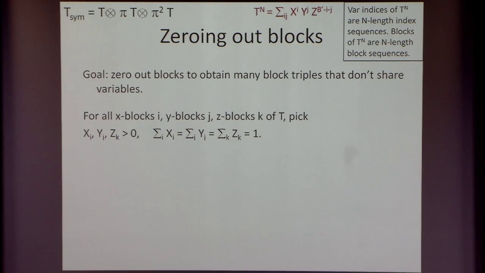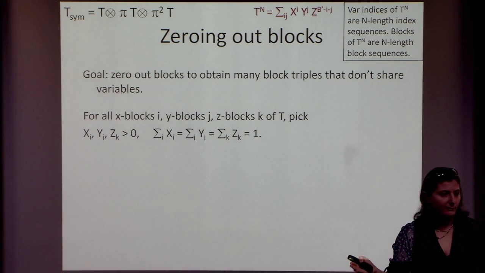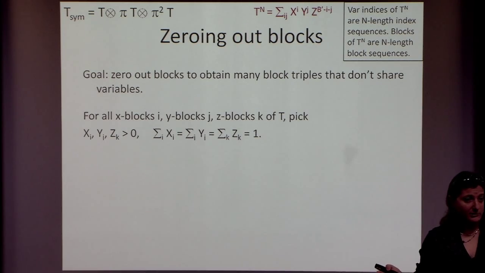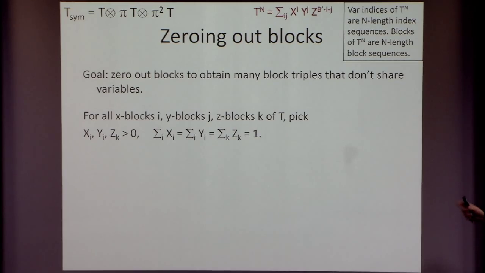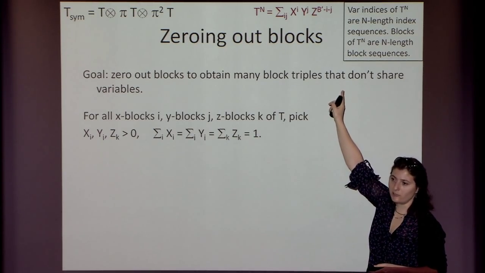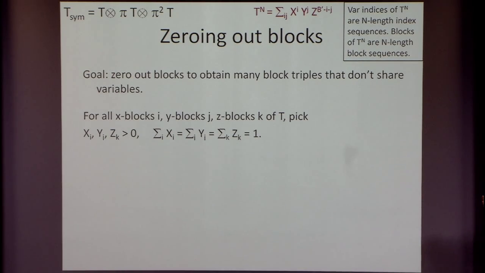What's their purpose? Well, if you look at the nth tensor power of a tensor, the variable indices are just n-length sequences of the original indices, and you can also get a blocking in the same way by giving blocks that are n-length sequences of the original blocks. So this is a well-defined blocking, and this blocking gives a partitioning of the nth tensor power into many more block triples.